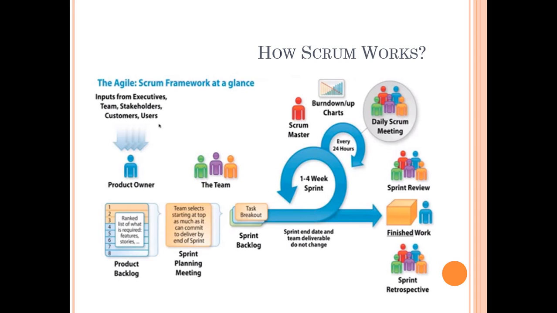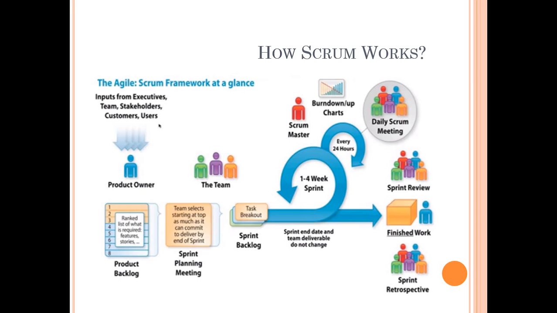And finally, we come down to the sprint retrospective. There is another important ceremony of Scrum, and that is mostly skipped by Scrum teams. But it is a very important feedback loop.